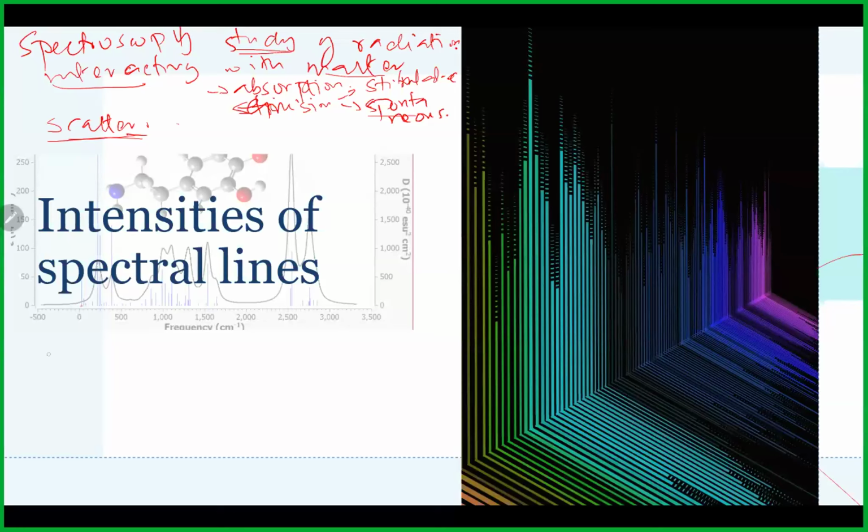So radiation interacts with matter, and then we see what we call spectral lines of different heights and in different positions. The thing that is often recorded is called a spectrum.